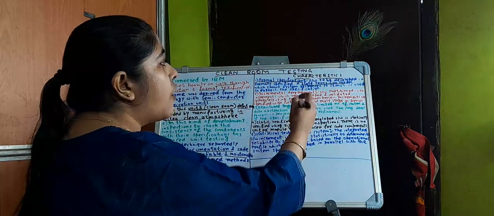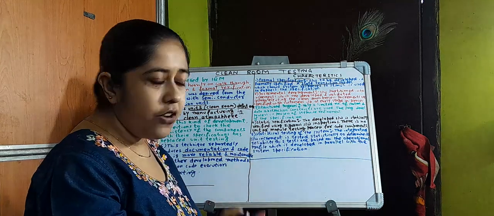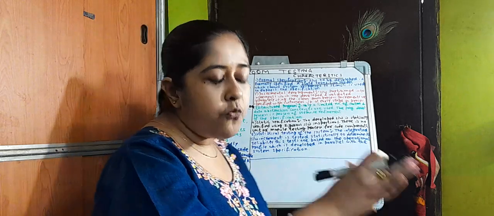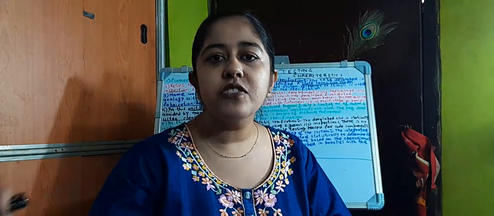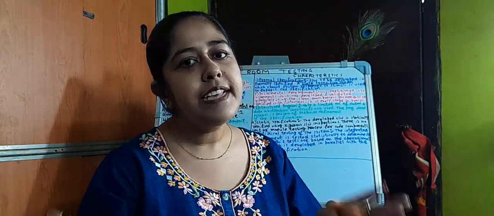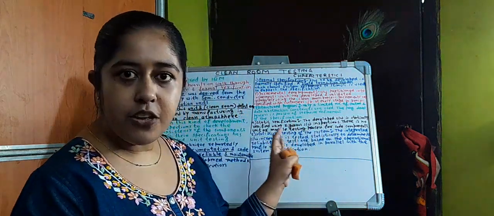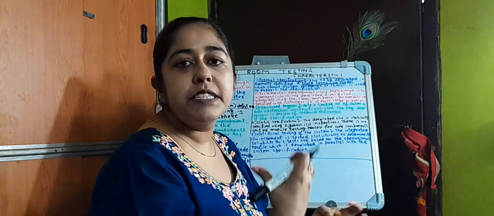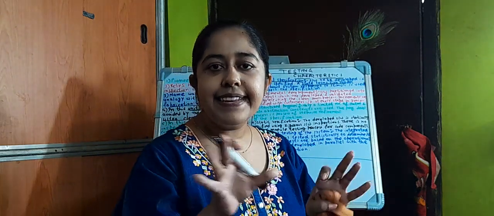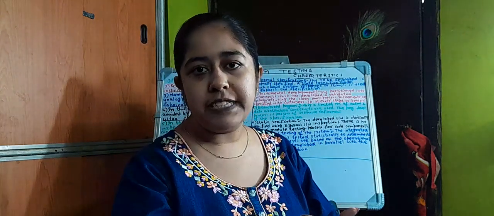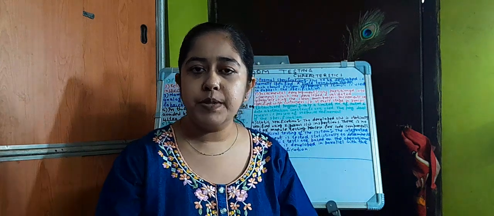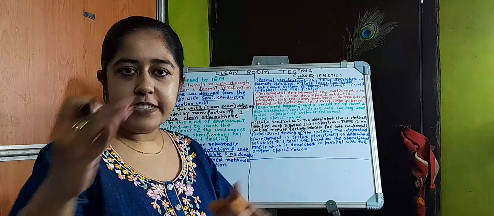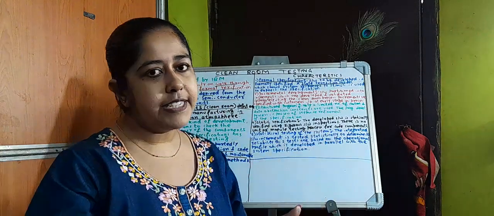Okay, so what is that? Software to be developed is formally specified, and a state transition model is used here to show the transition from one state to another state.